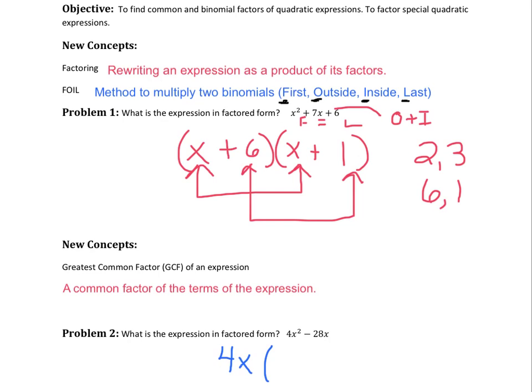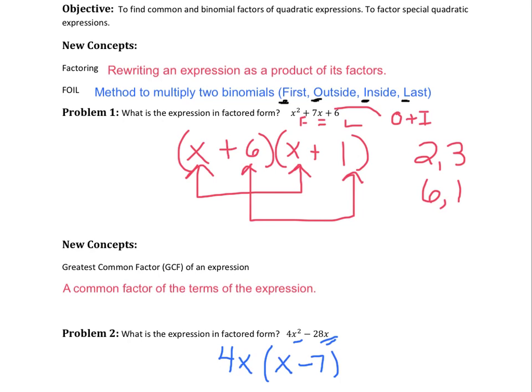And then left over in the parentheses would be what I would multiply 4x by to get that 4x squared. So I'm missing another x, so I'm going to put an x in the parentheses first. And then I need to get to a negative 28x. I have 4x, so 4x times a negative 7 is going to get me a negative 28x.